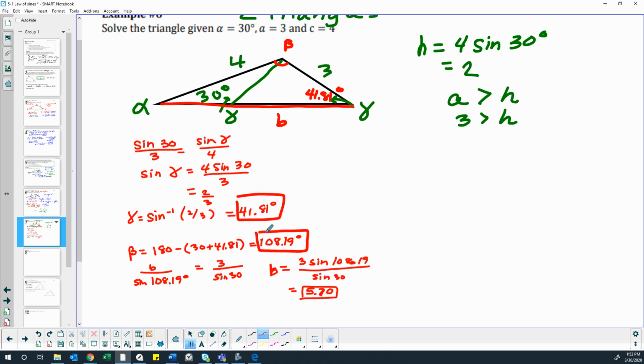So there's the first triangle, so it's okay, we're not done yet. Okay, I'm gonna go back and call this gamma 1 and beta 1 and B1. Okay, so those are the ones we just found. Now let's go to the triangle that would be shaped more like this.